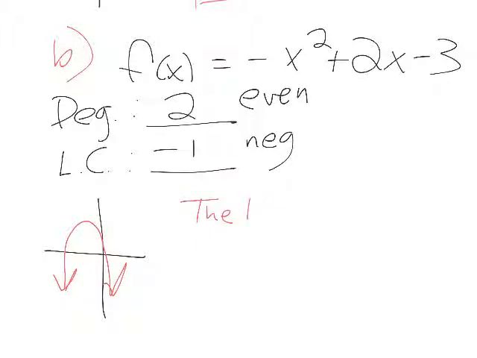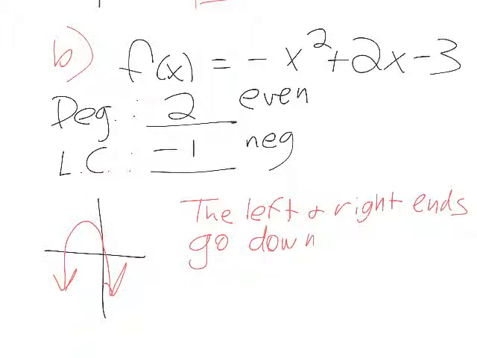So the left and right ends go down. And there's a lot of different ways you could write that. Both go down, whatever works for you. Okay? All right, let's do a couple more.